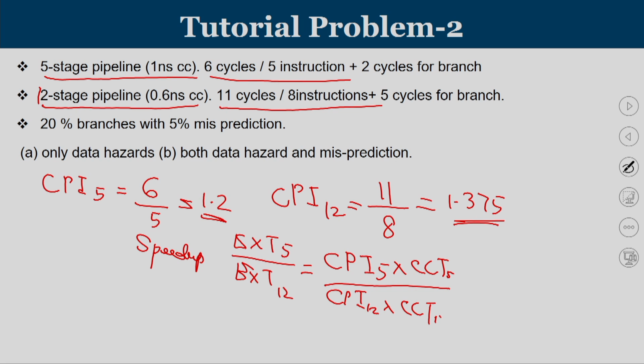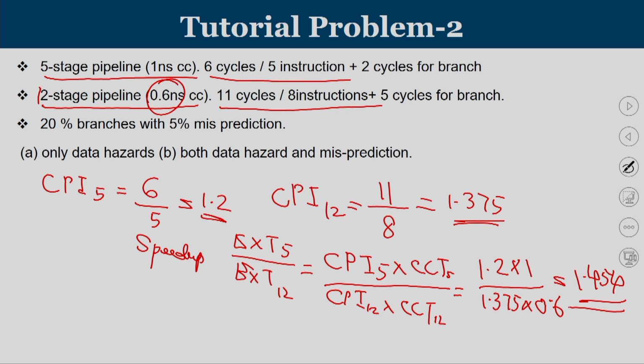This is 1.2 into 1 divided by 1.375 into 0.6. This is going to give us a speed up of 1.454.